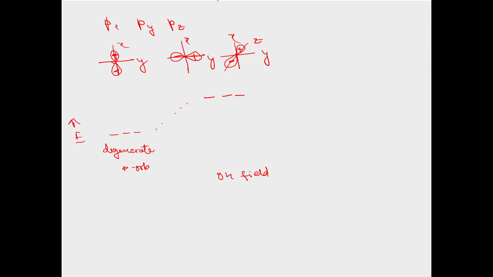But here, since all 3 of them are present on the axis, it will be a triply degenerate one, right? Because for px, py, pz, in all 3 cases it's increasing. So it is triply degenerate.